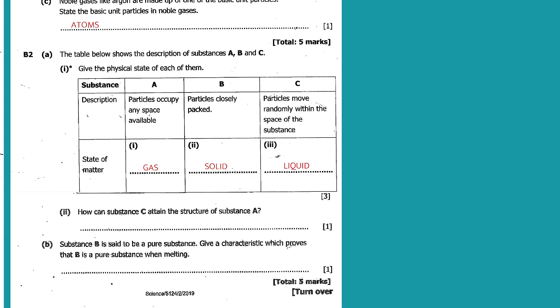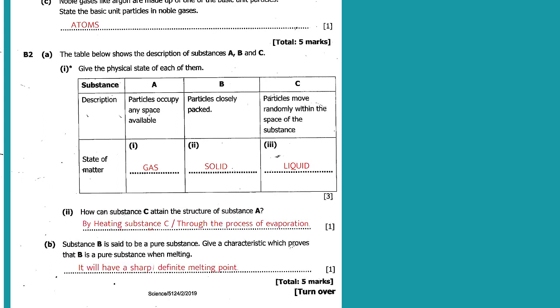2. How can substance C attain the structure of substance A? So substance C is liquid, substance A is gas. So we can convert a liquid to a gas by heating, through the process of evaporation or boiling. B. Substance B is said to be a pure substance.